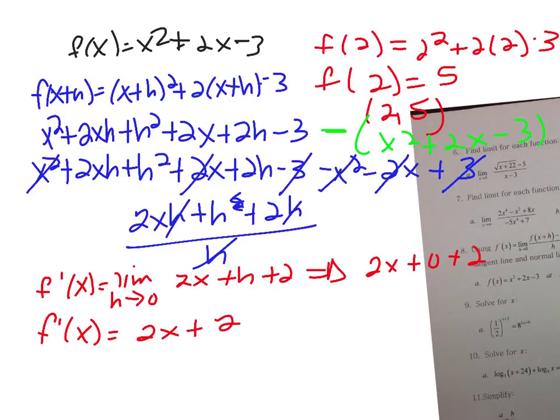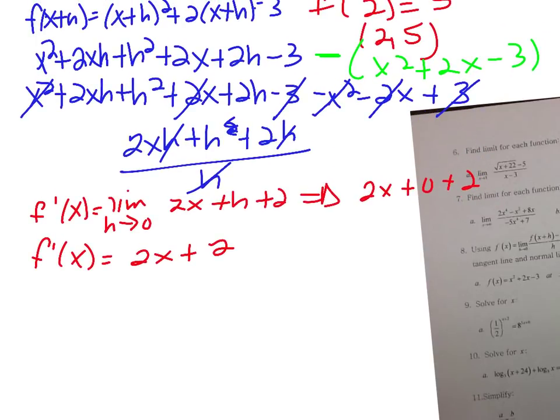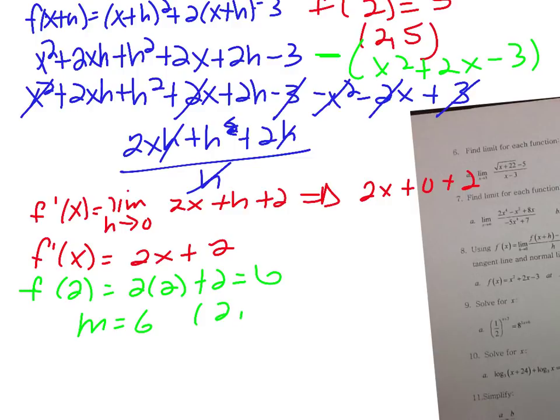Okay, so now we have to find the slope at 2. So my slope at 2, so this is f prime of 2, is equal to 2 times 2 plus 2. So that is equal to 6. So my slope is equal to 6, and the point is (2, 5).